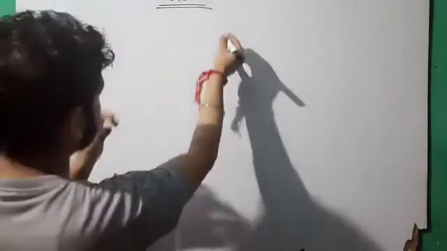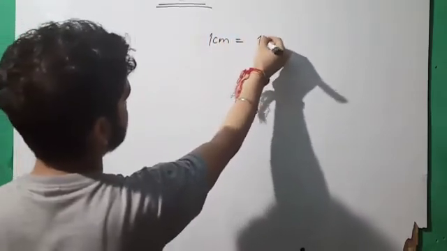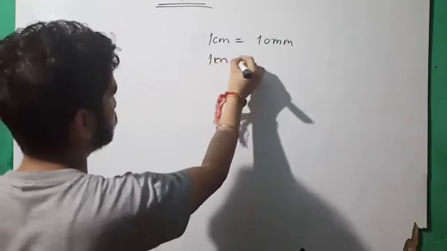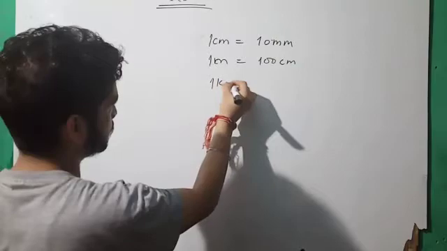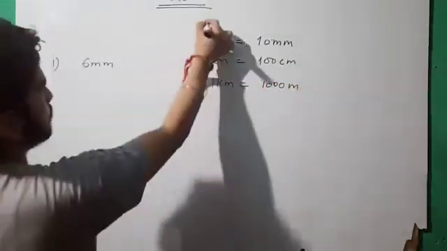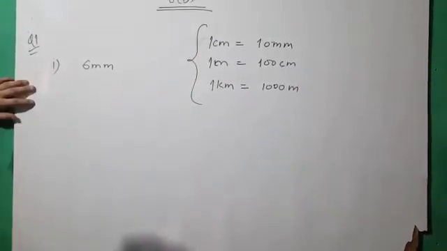Important, I have written here: you have to know that 1 centimeter equals 10 mm. Very very important. 1 meter equals 100 centimeter. You have to note all these things down in your fair copy. 1 kilometer equals 1000 meter. These are well known and repeated quantities which are used again and again. So the first question is 6 mm. We have to convert this.